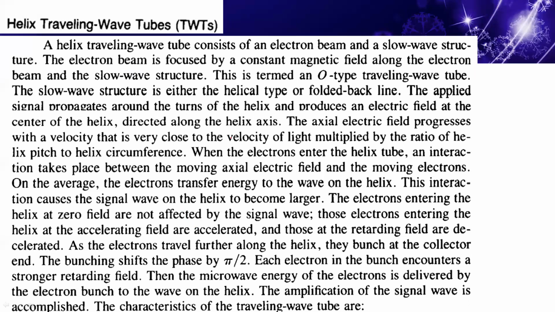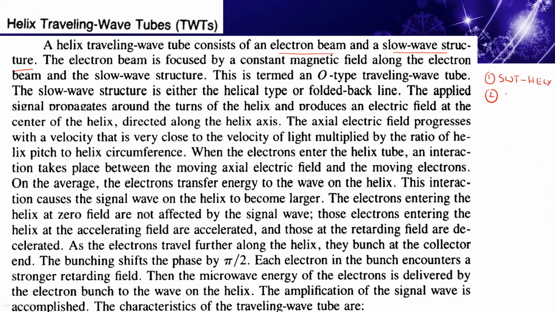So here I mentioned the entire operation. Basically, the helix traveling wave tube consists of an electron beam and a slow wave structure. What is the slow wave structure? A helix type of winding is used as a slow wave structure.